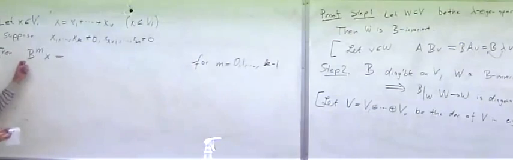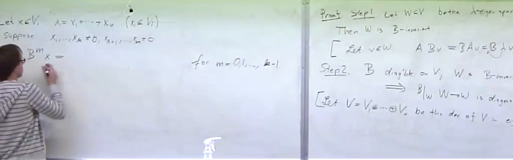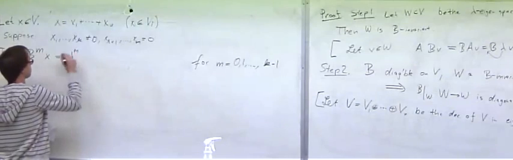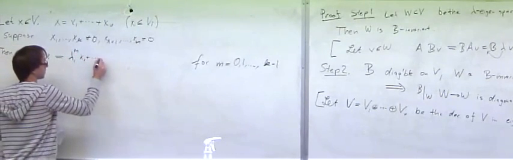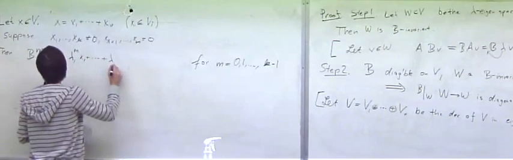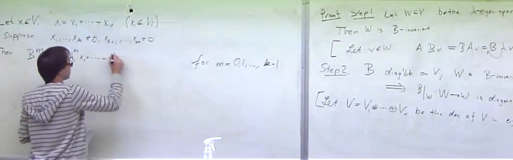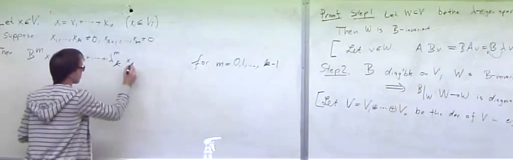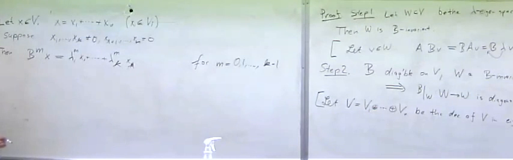So for these m, B^m x is lambda 1 to the m x1 plus, and so on, plus lambda k to the m xk. So I write down the repeated application of B to x by this formula.